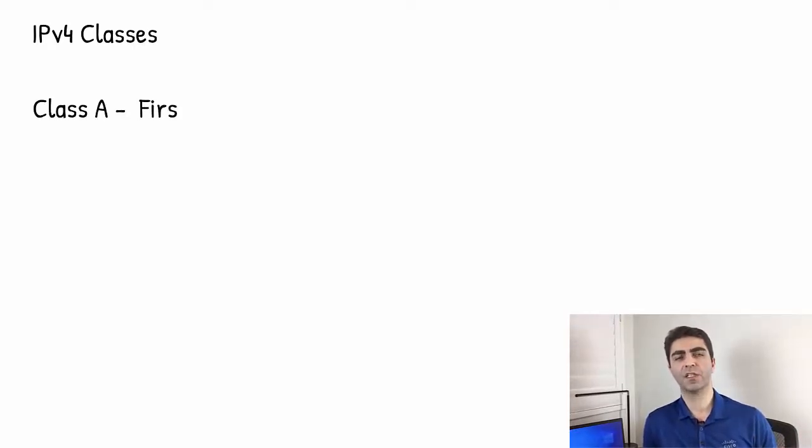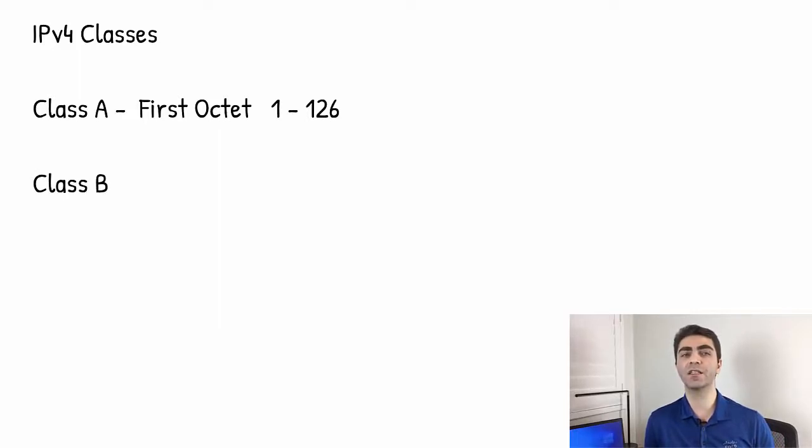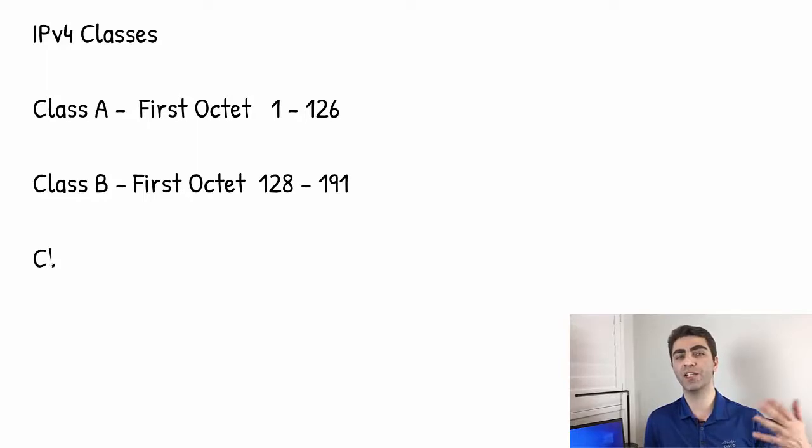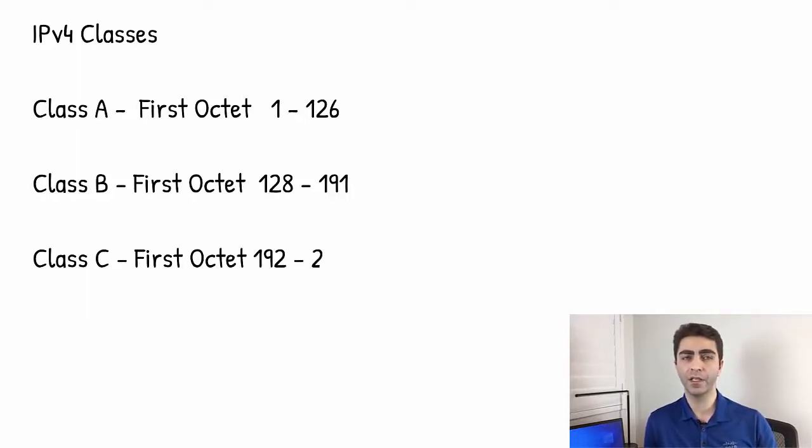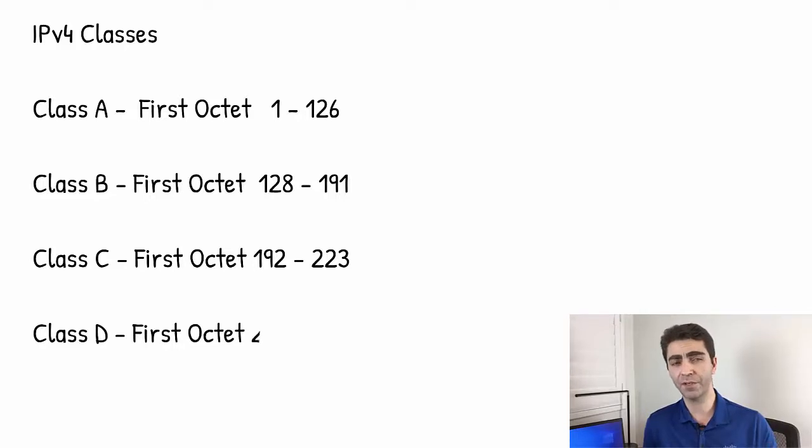If the first octet of our IP address is a number between 1 to 126, our IP address will be in class A. If it is something between 128 to 191, it belongs to class B. And if it is something between 192 to 223, it will be in class C. If it is something between 224 to 239, it is in class D. And if it is something between 240 to 255, it belongs to class E.